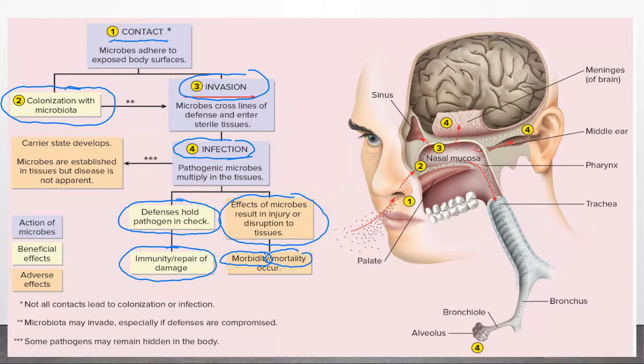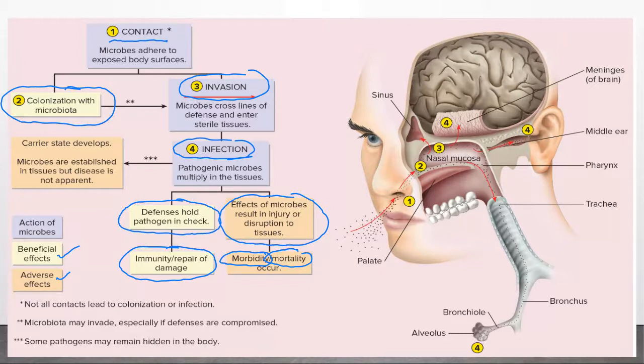So the disease or death occurs when our immune system is unable to fight against the infection. Again, this development of the immune system can be beneficial for us, but on the other side, the pathogen can have adverse effects on our body, causing disease or morbidity, or even death or mortality.